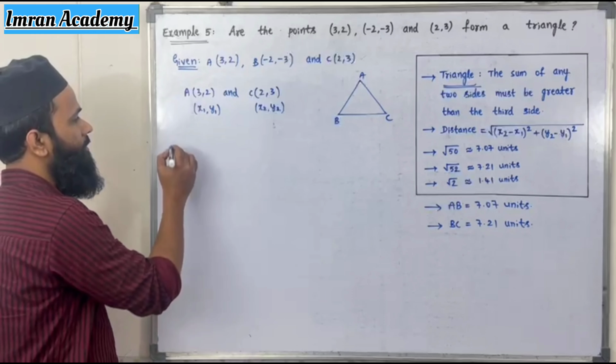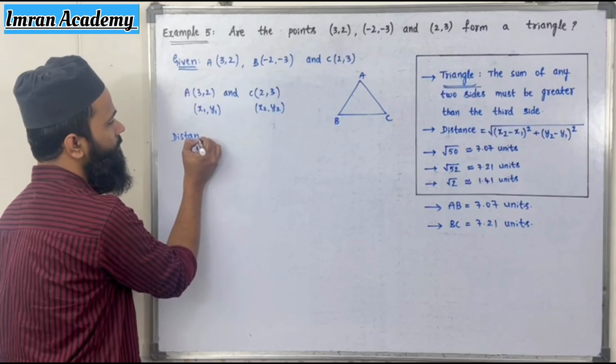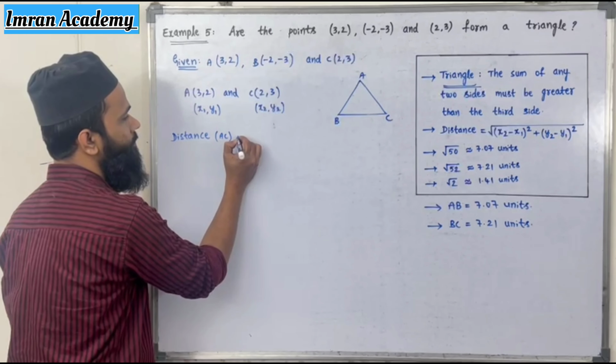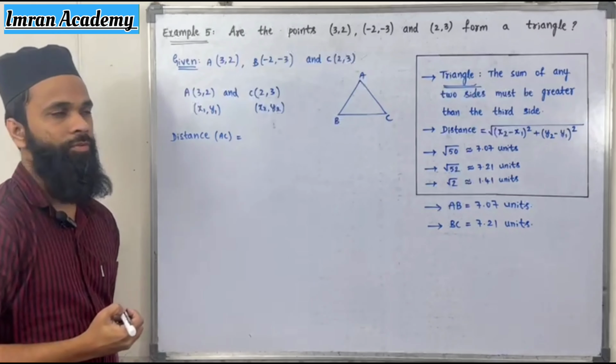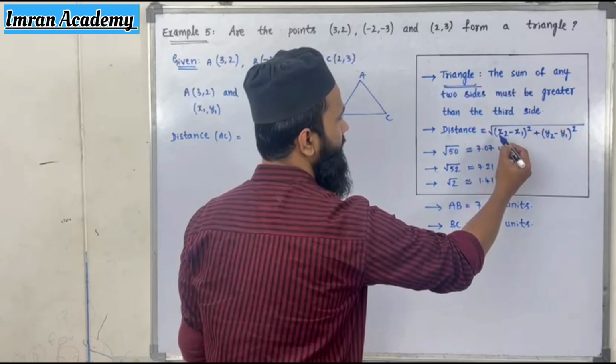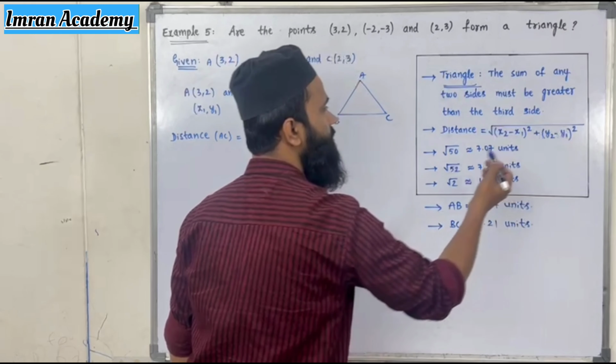We find distance AC. We know distance is equal to square root of (x2 minus x1) whole square plus (y2 minus y1) whole square.